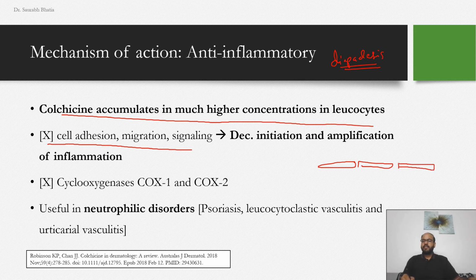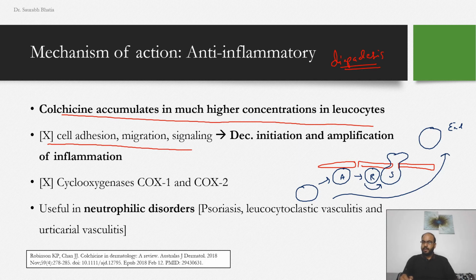This is the wall of a blood vessel or capillary, and you have an inflammatory cell here. The inflammatory cell will first attach, A for attach. Then it will roll, R for roll, and then it will squeeze through the gap, S for squeeze. Then it will reach the end organ. This process is essentially diapedesis.